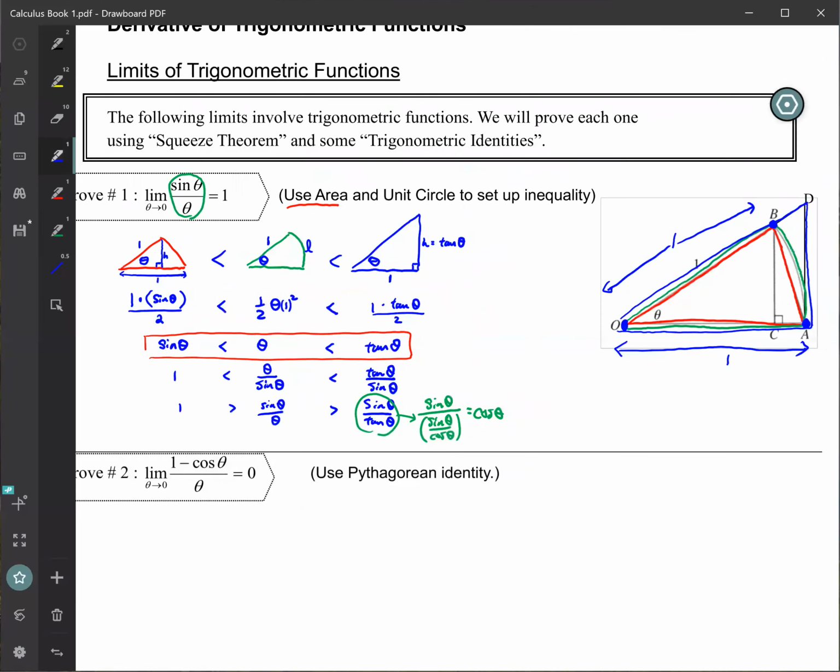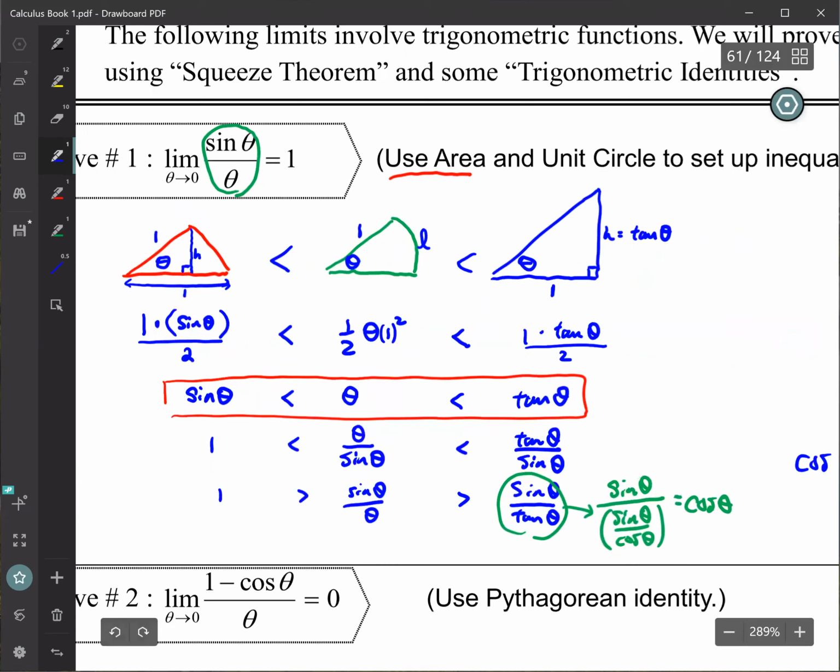So we have sine theta over theta, right? In between cosine and 1. I flip the order so it goes from small to big. And then we are going to take the limit, right? Because our question is to find the limit of sine theta over theta.